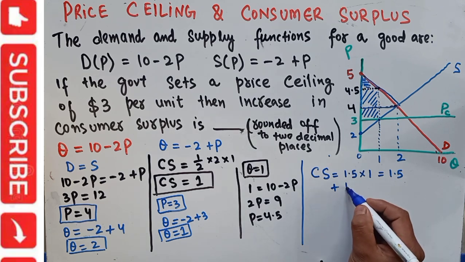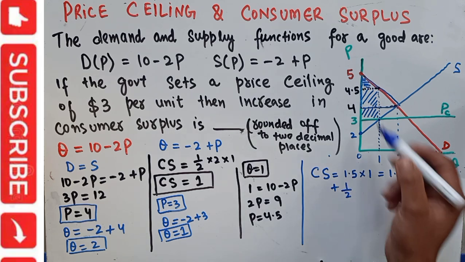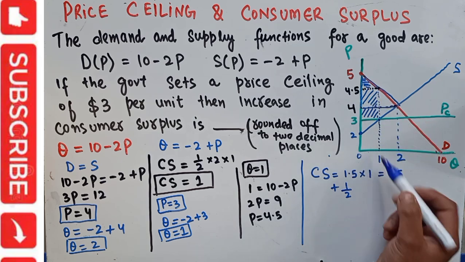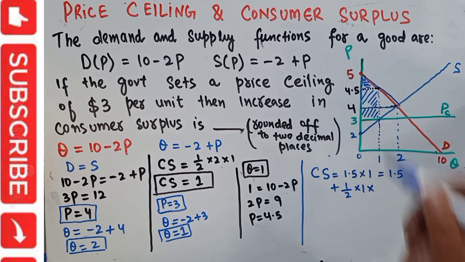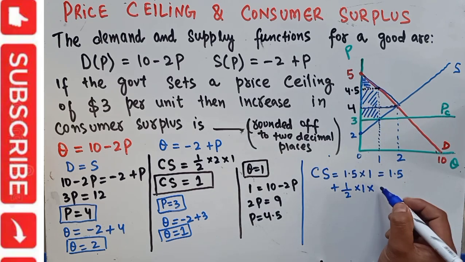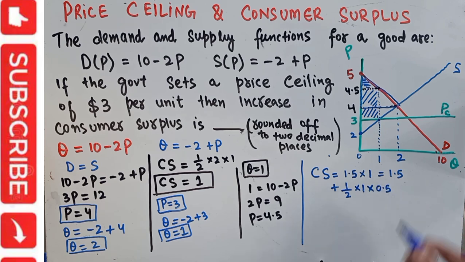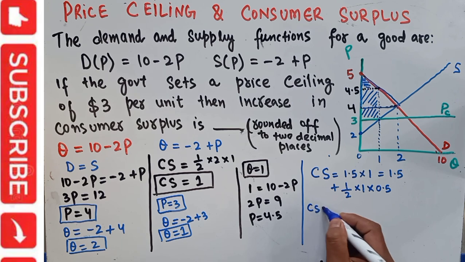And the area of a right triangle is simply 1/2 of base, which is again 1, and height, which is 5 minus 4.5, which is 0.5.